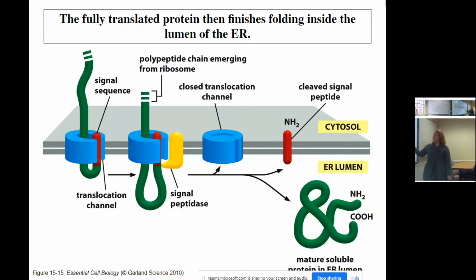And if this protein that's being translated into the ER lumen is supposed to do a soluble type of job, it will go ahead and fold up into its 3D shape. Then some enzymes cut off that signal sequence, and it just stays there. This protein has now been delivered, and it's in the ER lumen, folded up into its 3D shape. And it can then be delivered to the correct location to do its soluble job.